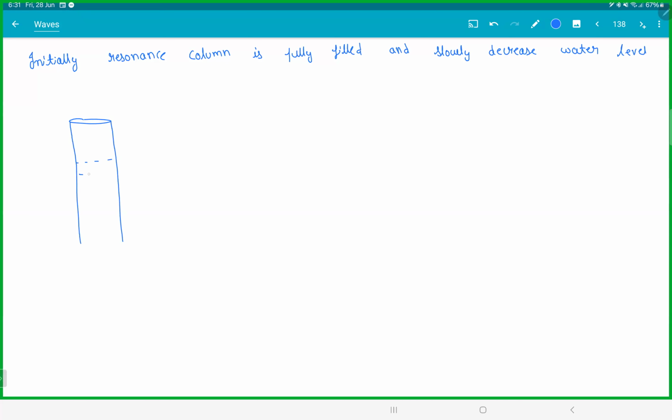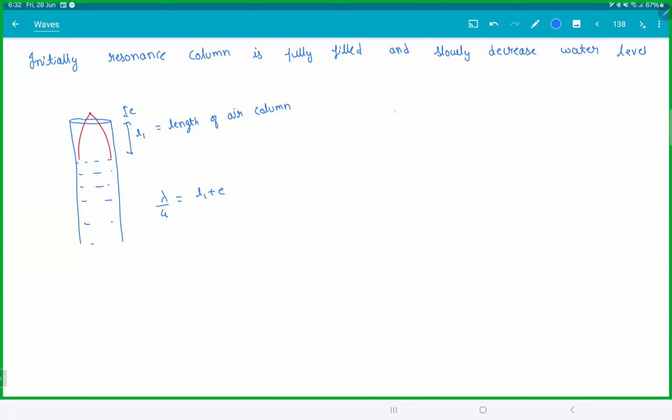Let the liquid level be like this. This length L1 will be the length of the air column. Be careful: in the question, are they giving the length of the air column or the water column? You can calculate it, since the length of the pipe minus the water column gives the air column. The wave will form slightly outside the pipe. Remember, this length is L1 and this is your end correction. So from here, we get lambda by 4 equals L1 plus E.